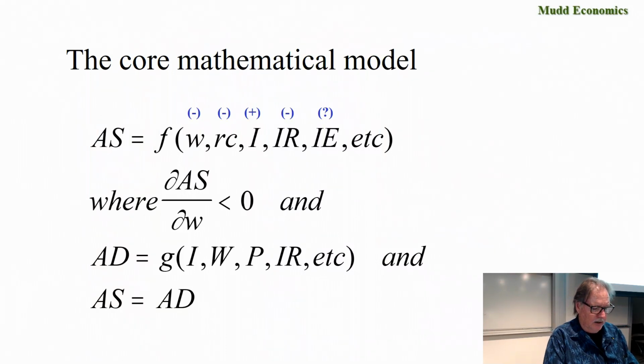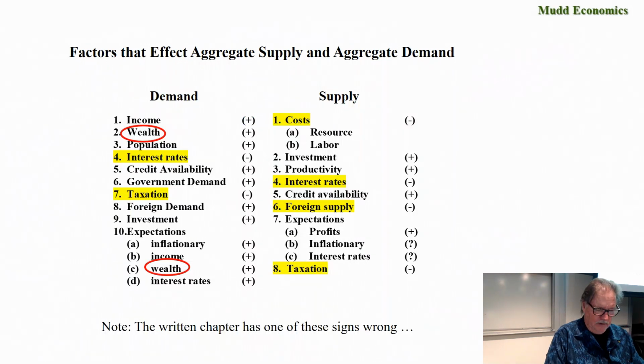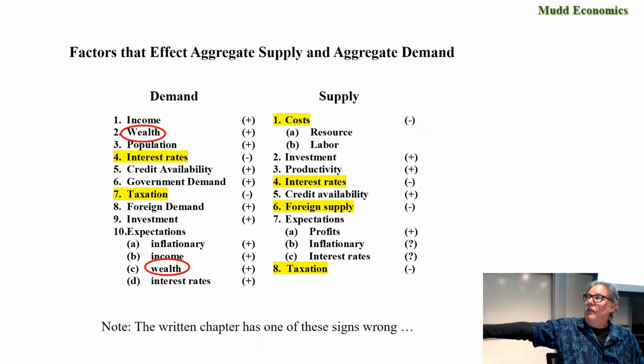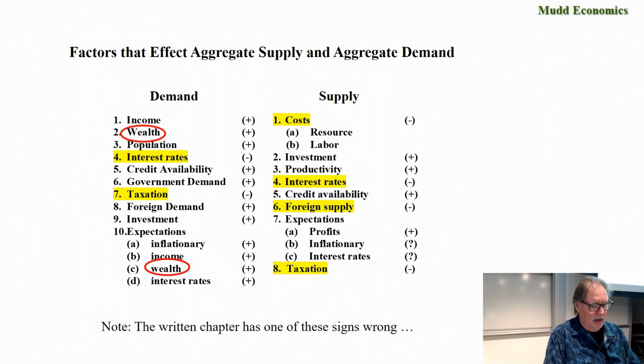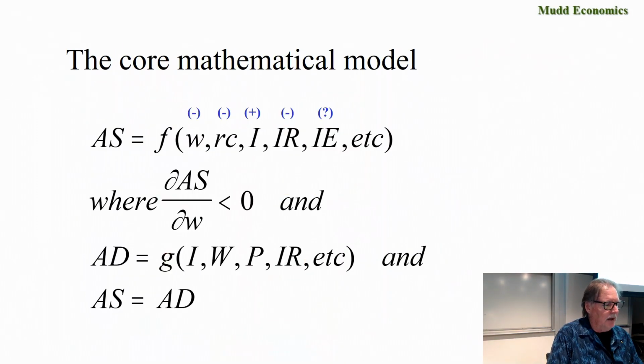So back here where we say that this sign is negative, the impact of interest rates right there upon the demand curve is negative, then that says in the context of the model, we're therefore assuming that the sensitivity of aggregate demand to the interest rate, the first partial derivative, has a negative sign in the context of the math model that we would look at.